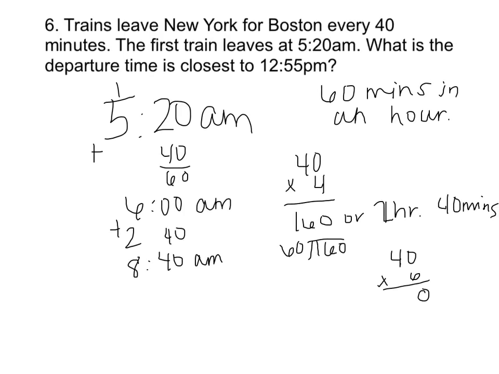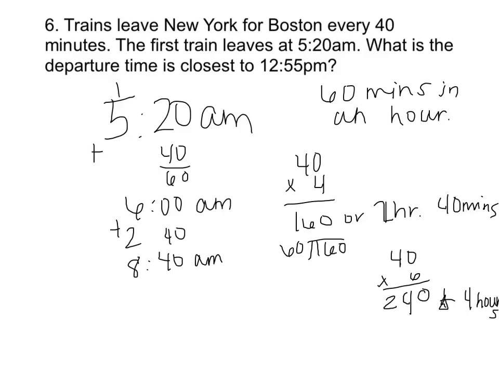6 times 4 is 24. So if I count up by 60s, I would go 60, 120, 180, 240. So I know that this right here is the same as 4 hours.